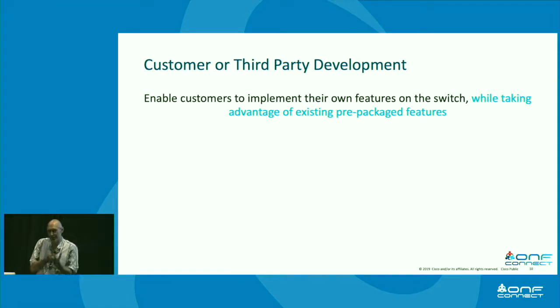Provide a system that has a number of basic features that are well tested, implemented by the vendor, on which the customer can add their own features, just what they need, focusing on the specific use case they want to address without having to worry about developing the basic functionalities, layer 2, layer 3 forwarding, or having to adapt open implementations, which again, for some types of users might be the best solution, but for a large set of users, they don't have the skills to do that.